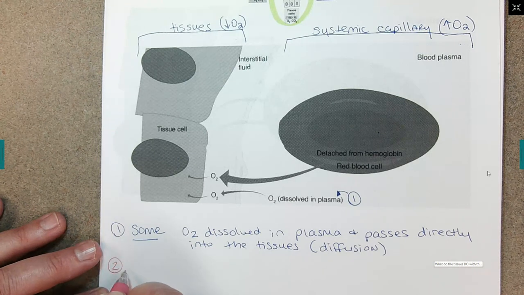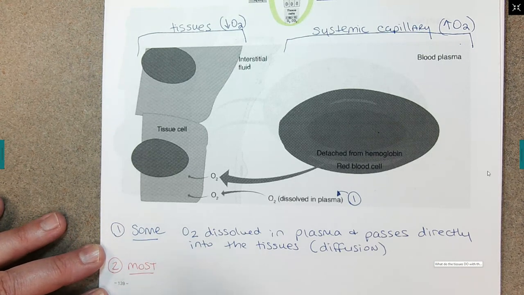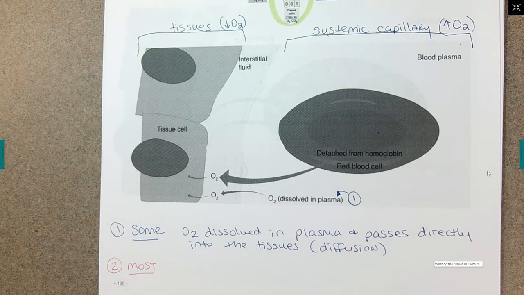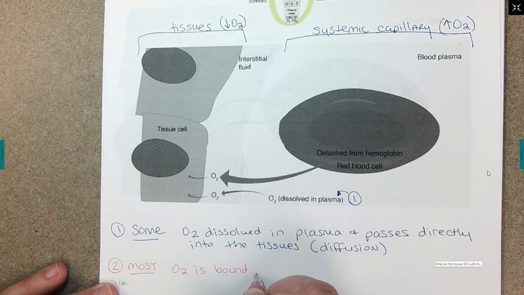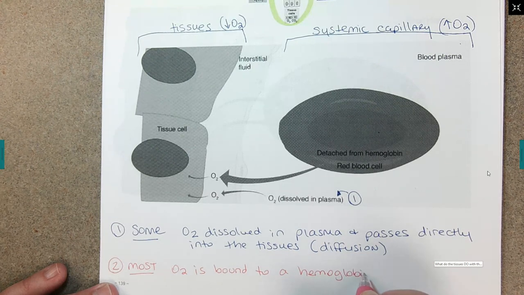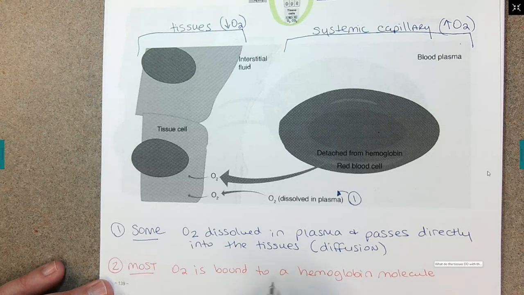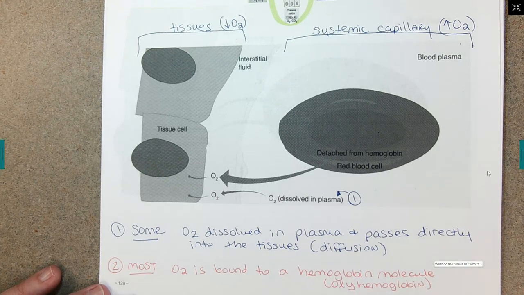So the other method, how we get the oxygen from the capillary into the tissues, is going to be most of this oxygen. The oxygen is bound to a hemoglobin molecule. And remember, when oxygen is bound to a hemoglobin molecule we called that oxyhemoglobin, and that's going to be that bright red color.